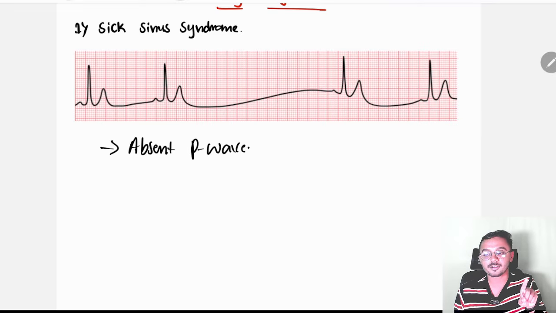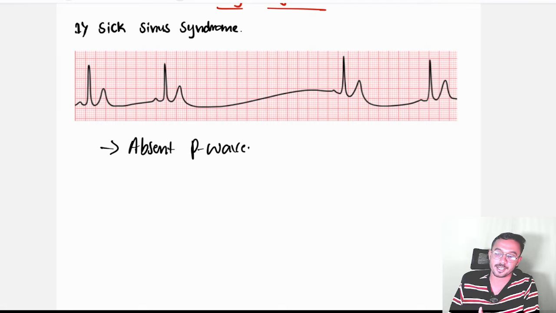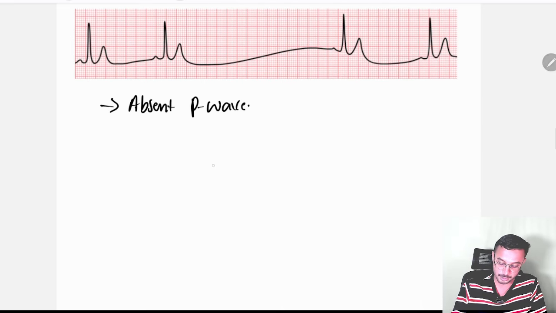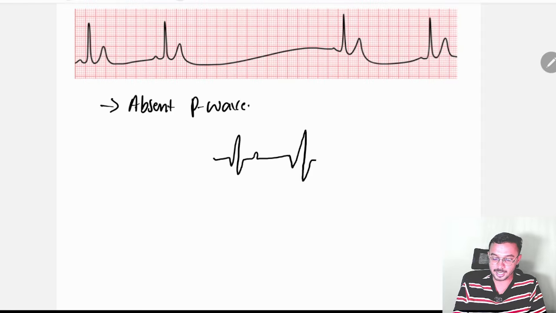There an irregular pulse is found in atrial fibrillation, but over here the pulse is present. So if I draw your ECG for you, a P wave is coming, then QRS, and over here there is an absent P wave. And the heart rate will be less than 60.